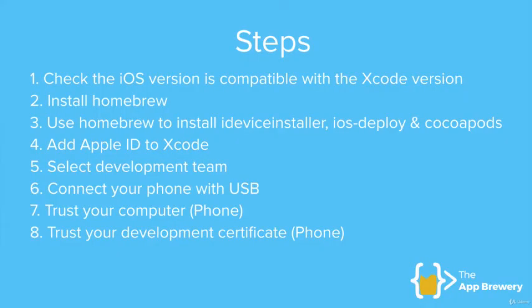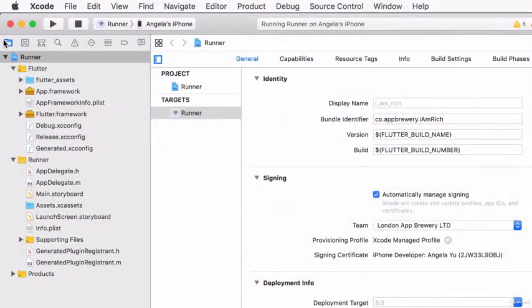Now, the final thing we have to do here in Xcode is to create a unique bundle ID. That means you have to make sure you've got the Runner app selected, you're inside the targets of Runner, you've got General selected, and this is your bundle identifier. So here we've got our domain, brewery.co, reversed.